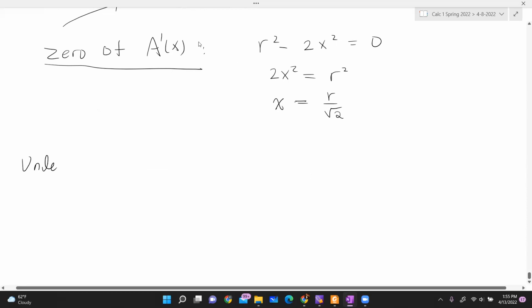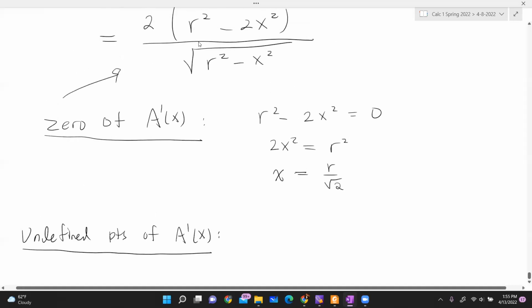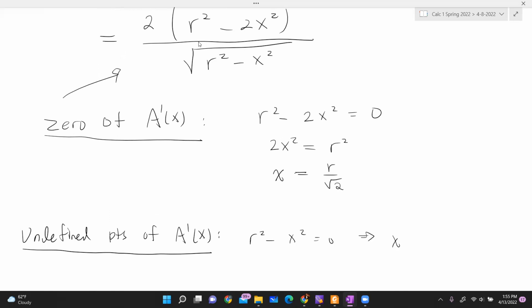And then let's look at where a prime of x is undefined. That's where the denominator is 0. So that happens when r squared minus x squared is 0, which implies that x is equal to r.